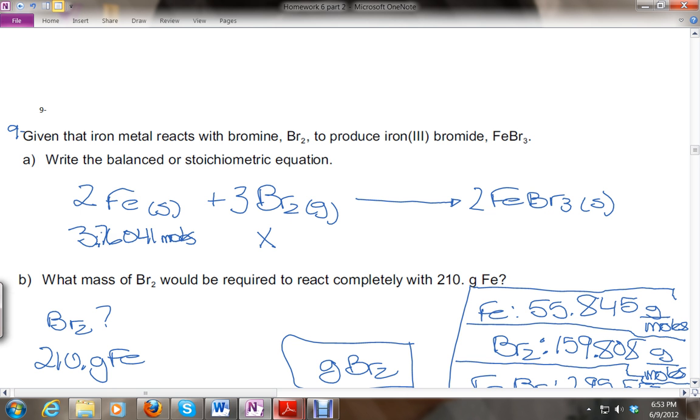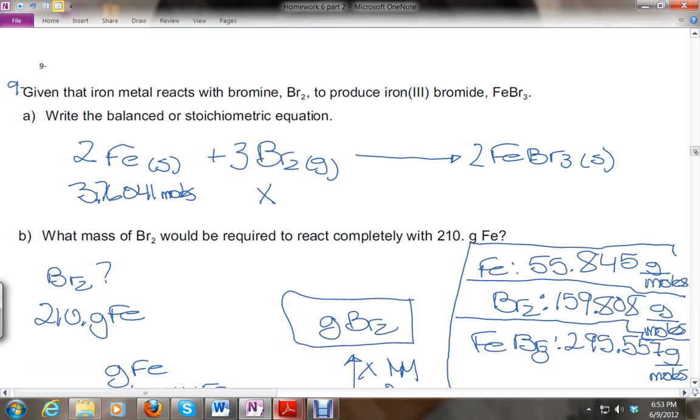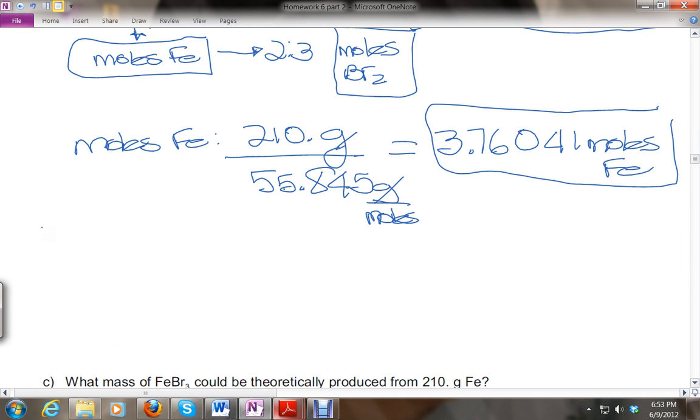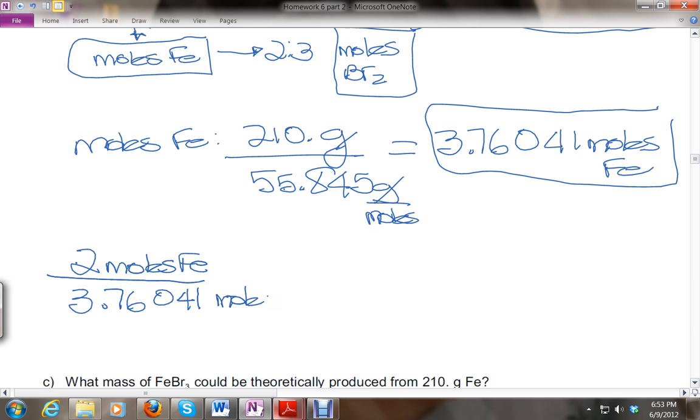So 2 over 3.76, 3 over x. 2 moles of iron, then we put on the bottom the ones we have, the 3.76 moles of Fe, equals 3 moles of bromine, those are the coefficients, divided by x. Why? Because that's what we're trying to find out.